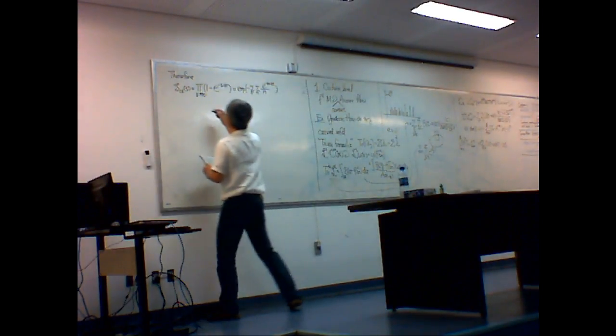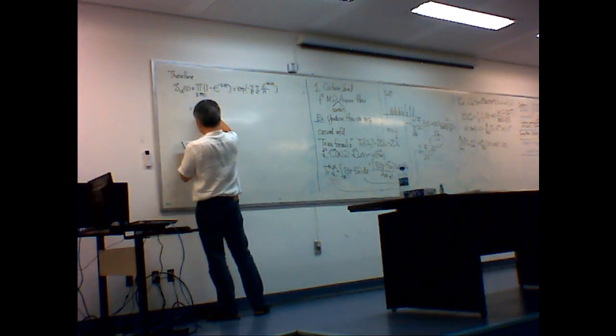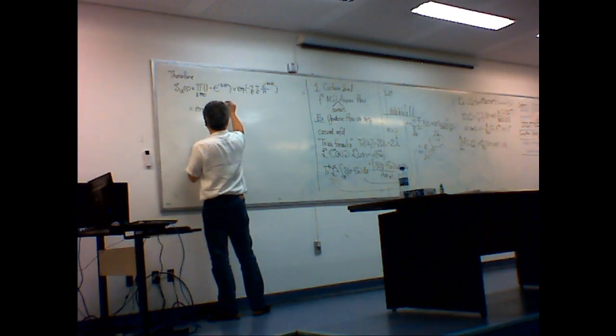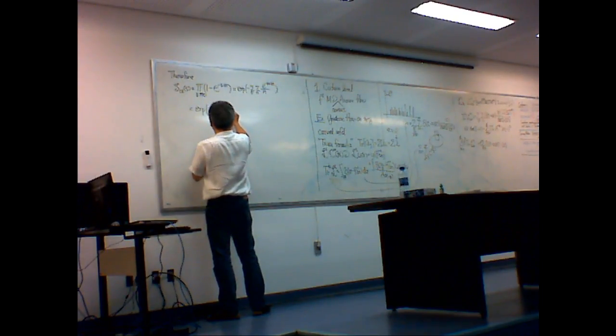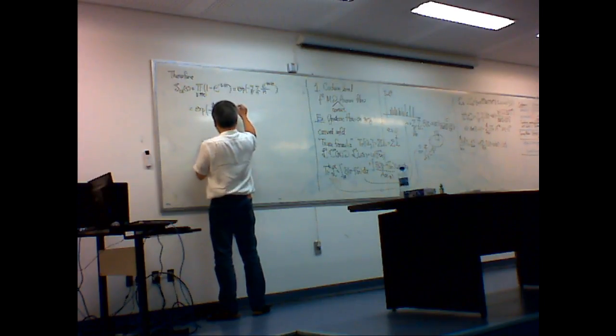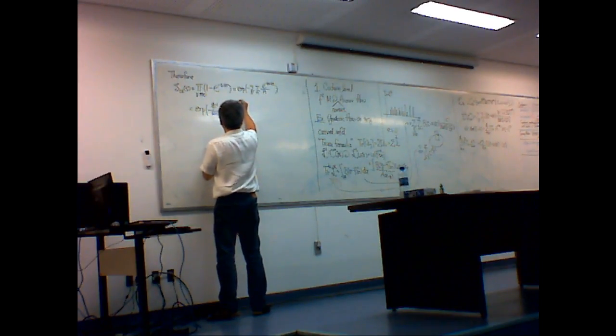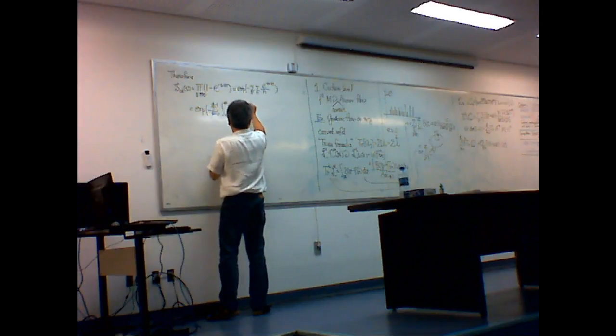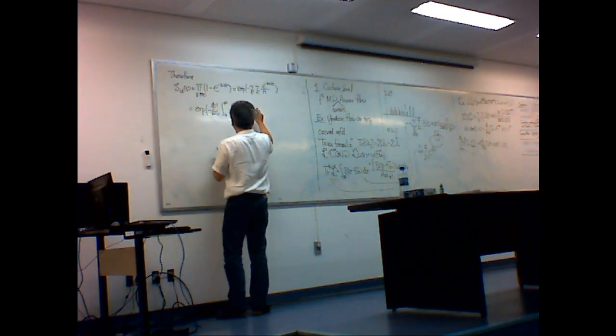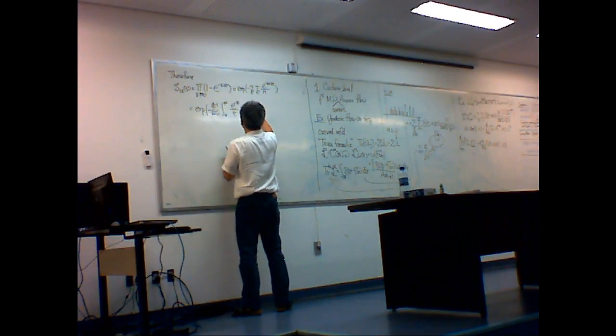Sorry, and then we can take the product over k equals 0 to d of minus e raised to the k.